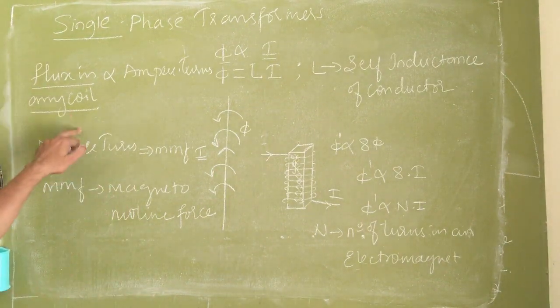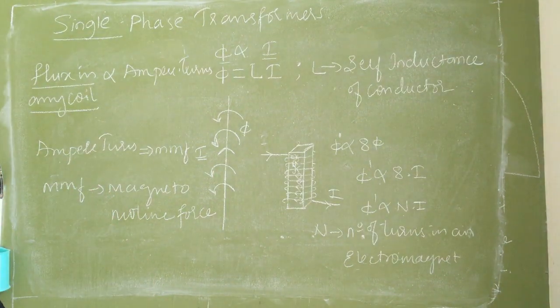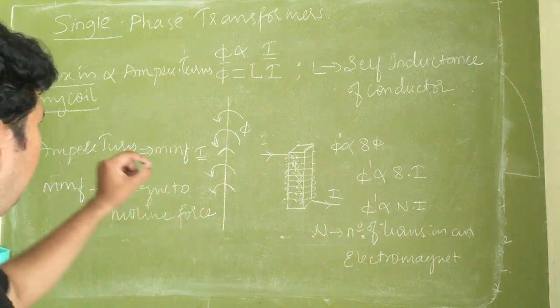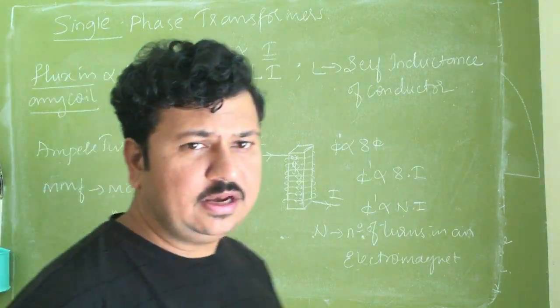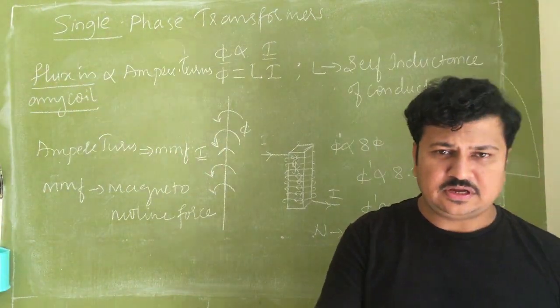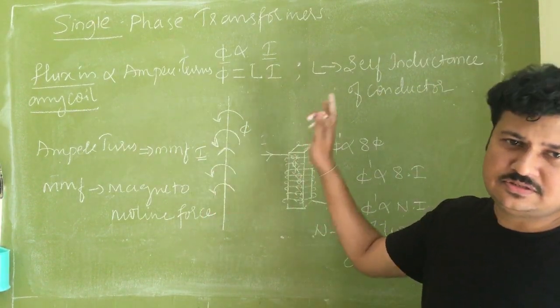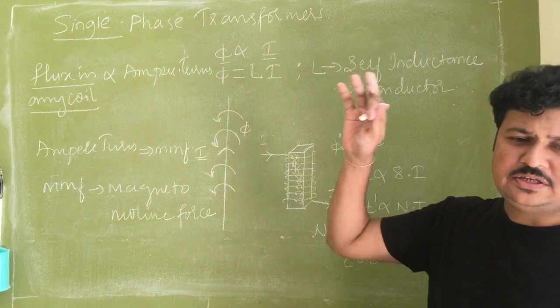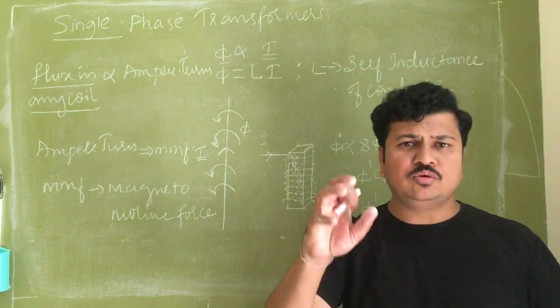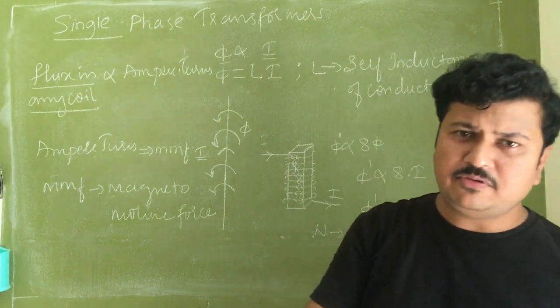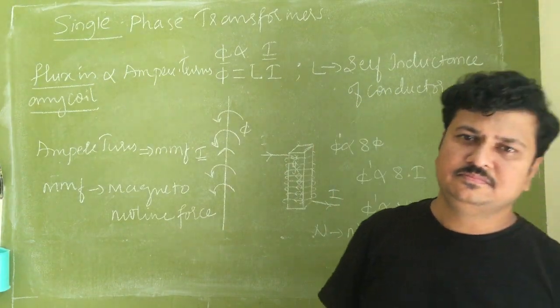So if I have to create a flux electromagnetically, I need amperes and I need turns. That is, I need ampere turns. It is exactly analogous to voltage or EMF in an electric circuit.